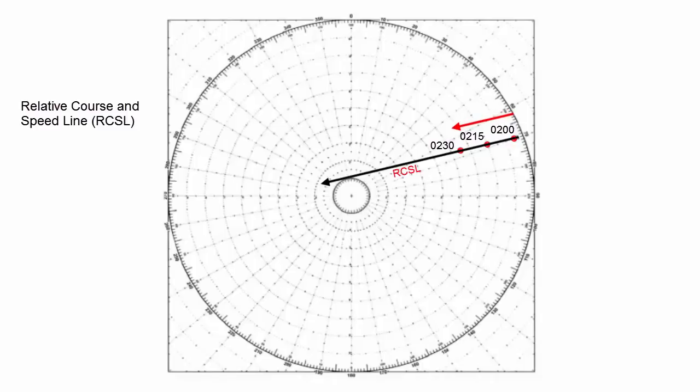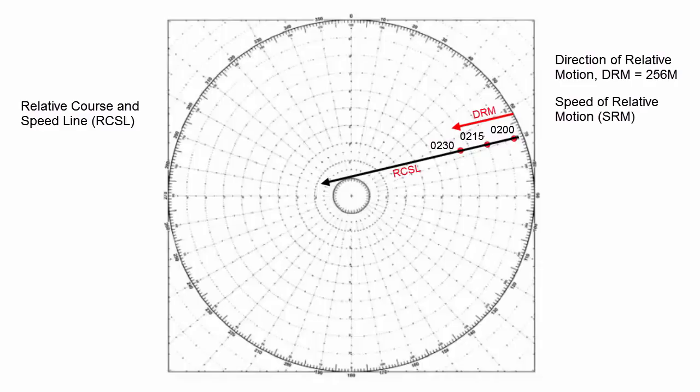where the direction of relative motion, DRM, is the direction from the 0200 point on the maneuvering board toward the 0230 point. Here the DRM equals 256 degrees magnetic. The speed of relative motion, SRM, is calculated based on the distance D1 between the 0200 and 0230 points divided by the elapsed time as shown here.